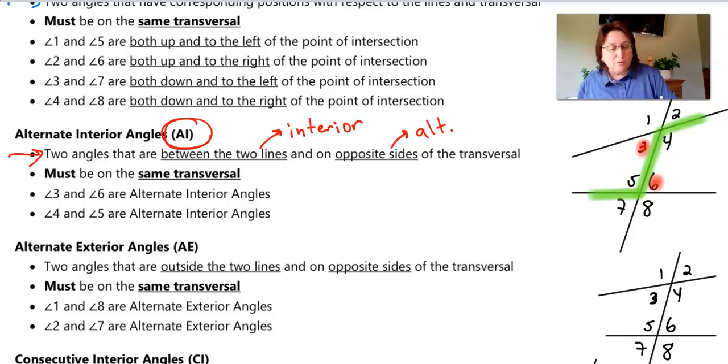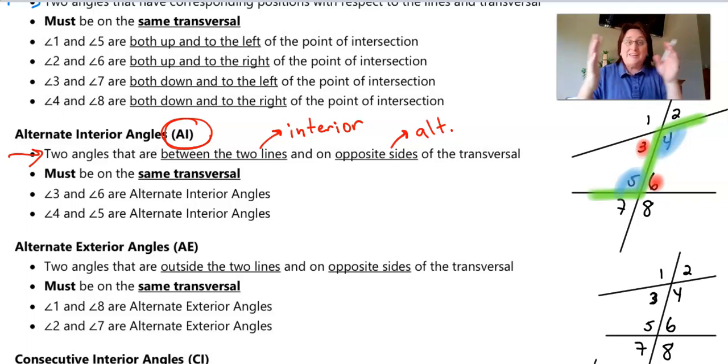If you look at the angles that are in the bend of that Z, right here and right here, angles 4 and 5 are alternate interior angles. Now, some of you are saying, but wait a minute, Miss Smith, that's not a Z, that's backwards. It's okay.